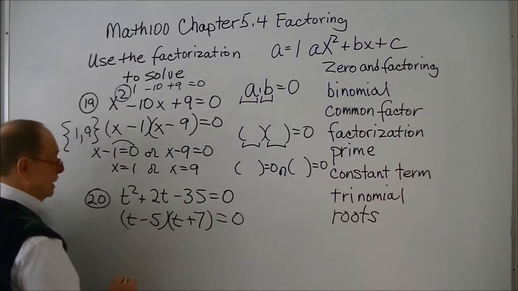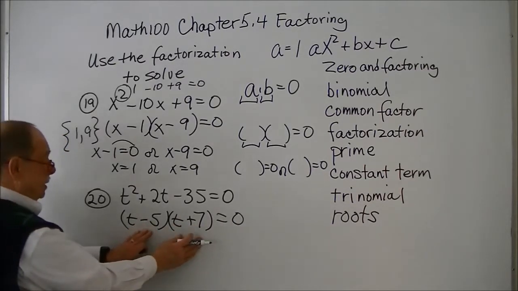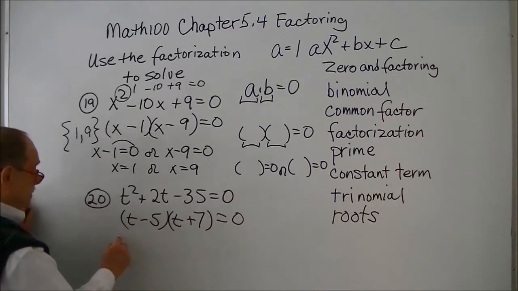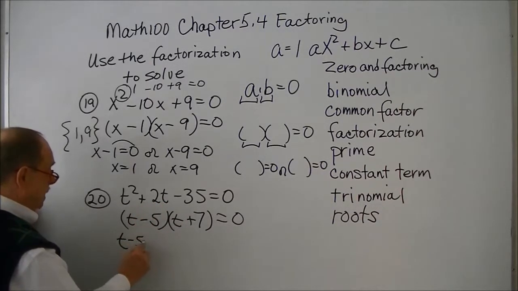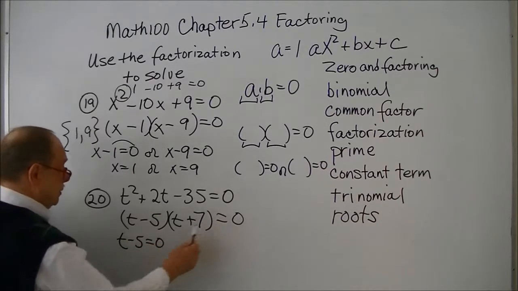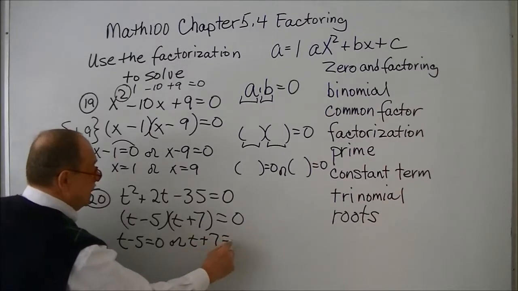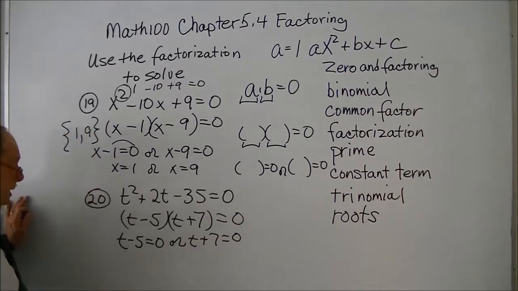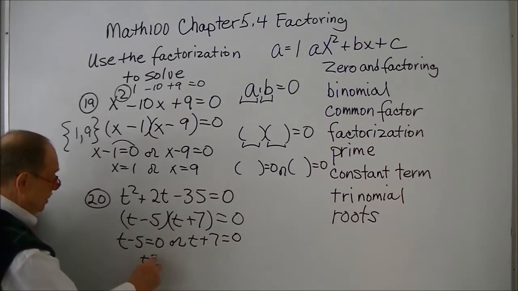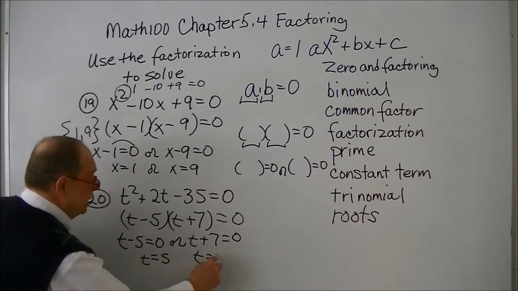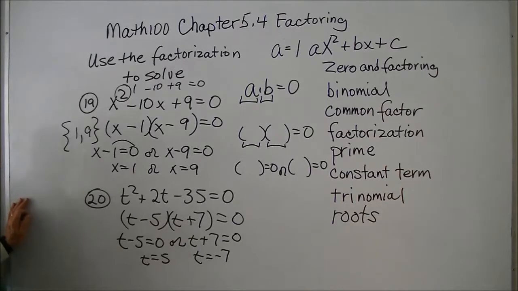This will be negative. And if we FOIL this, it checks. And now our next step is to write t minus 5 equals 0, or t plus 7 equals 0. And here we know t will be 5, and here t will be a negative 7.